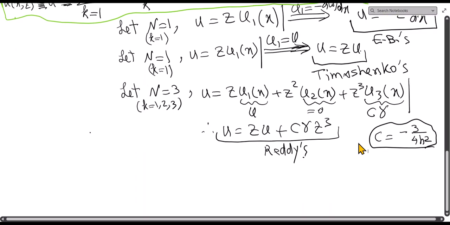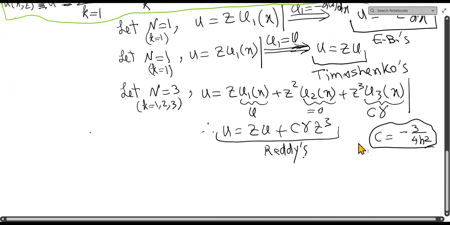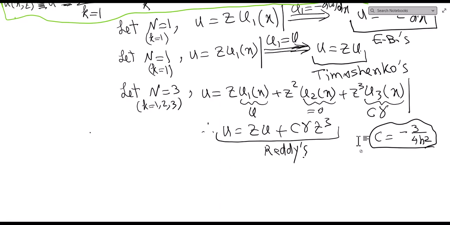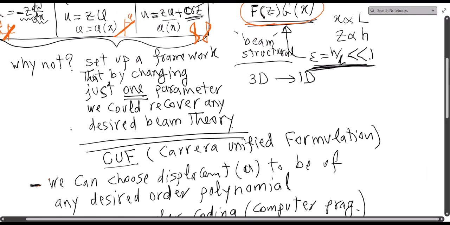And that is why this is beautiful, because it can recover any beam theory that you might have or you might be interested in. Now, you may ask, how do I know where to truncate? Where do I stop in the series that I have here? Okay, that is something that we discussed briefly before, and that goes to that epsilon.